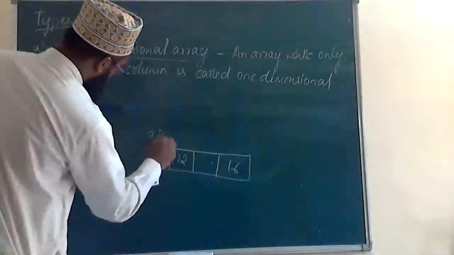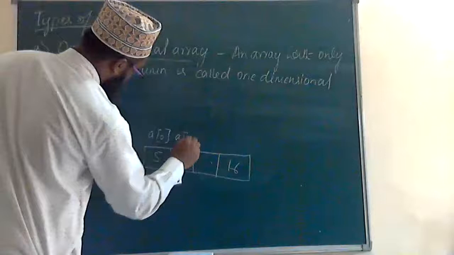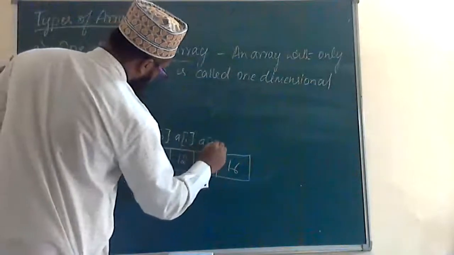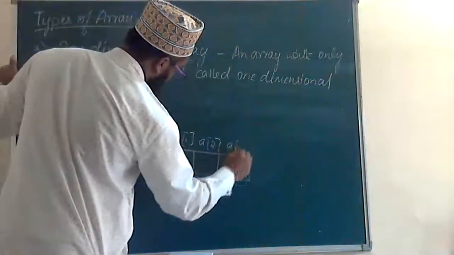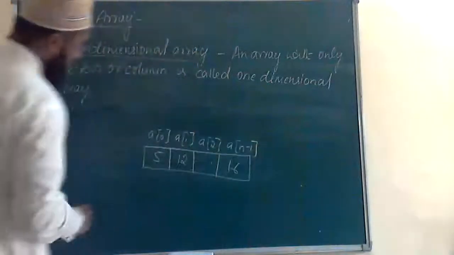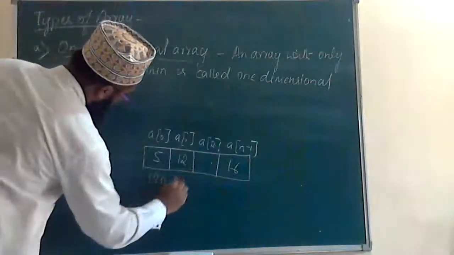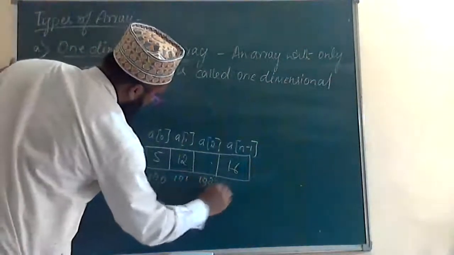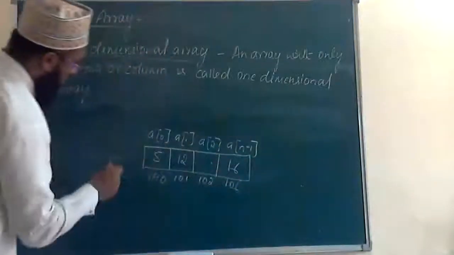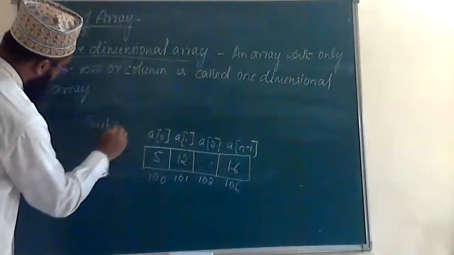A of 0, A of 1, A of 2, up to A of n minus 1. Then the addresses are 100, 101, 102 up to 106 and so on. This is called the subscript.